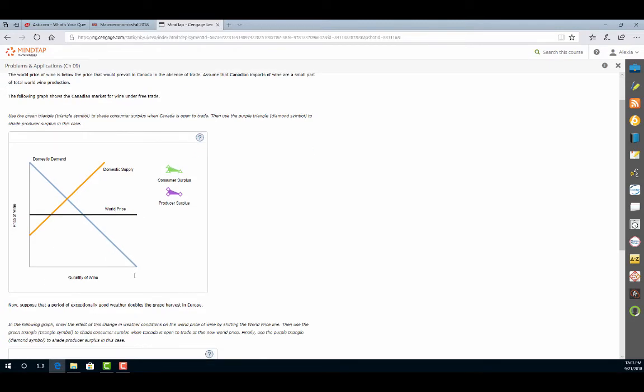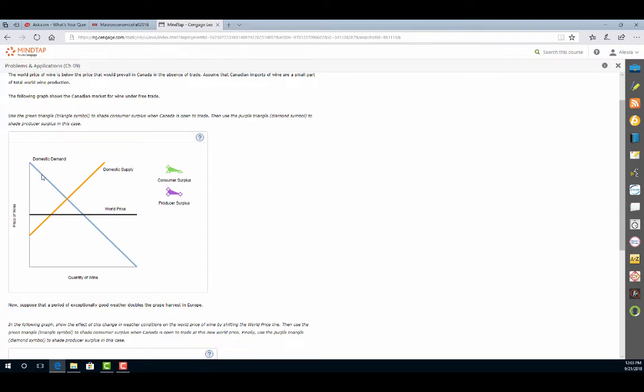So what you're asked to do in this question is, it says the following graph shows the Canadian market, as we know. So it says use the green triangle to shade consumer surplus when Canada is open to trade, and then use the purple to shade producer surplus. So we did remember consumer and producer surplus last exam, section 1.